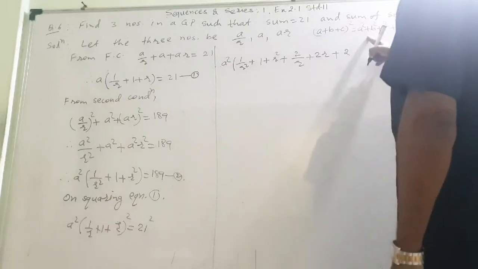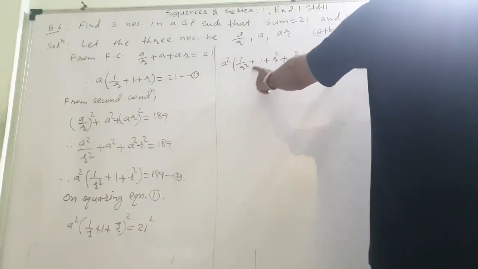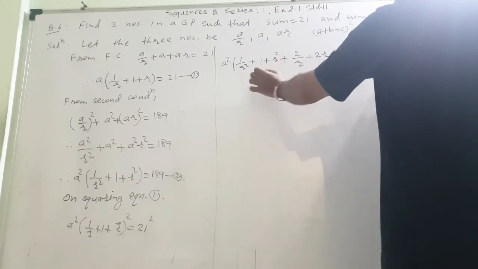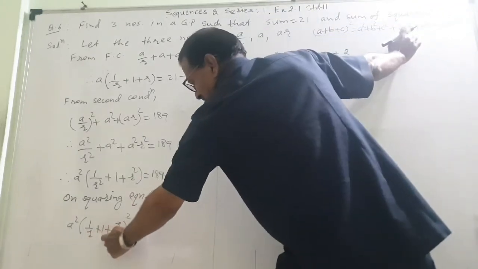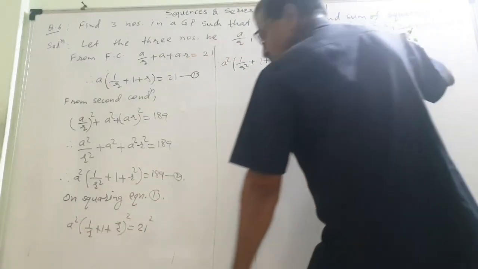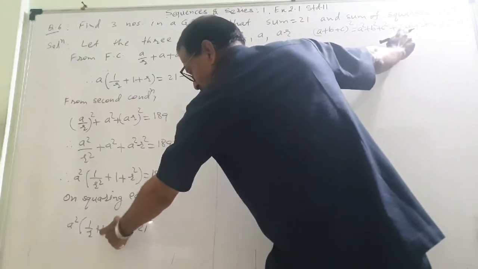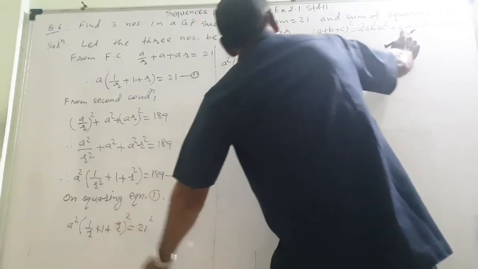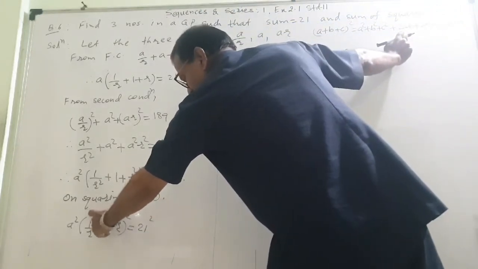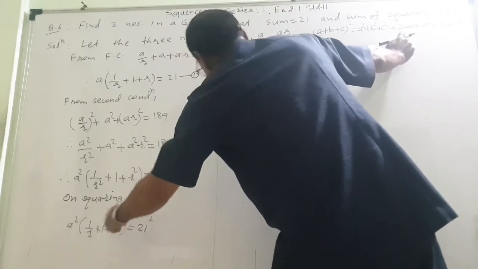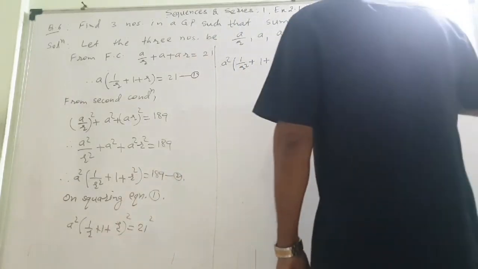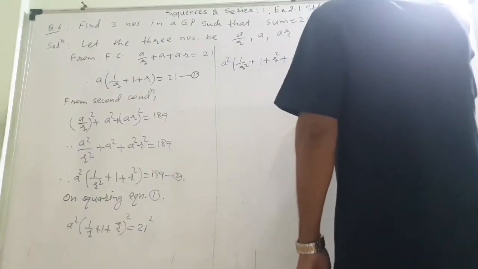Check this along with this: A square plus B square plus C square plus 2AB, 2 times of this and this, will be 2 upon R, plus 2 times of this and this, 1 into R is R, twice is 2R, plus now 2CA, 1 upon R into R cut and it is 2, plus 2. That is equal to, so 21 square is 441.